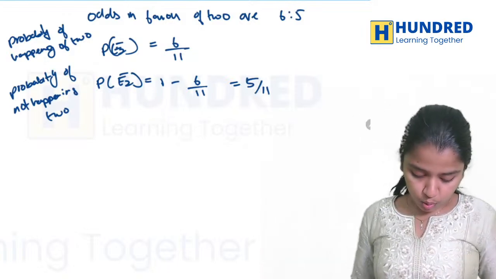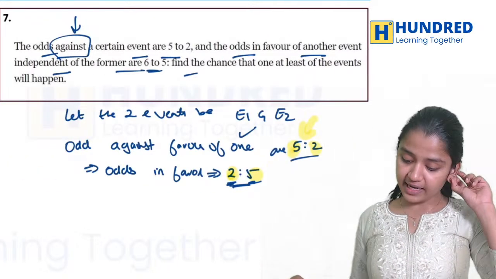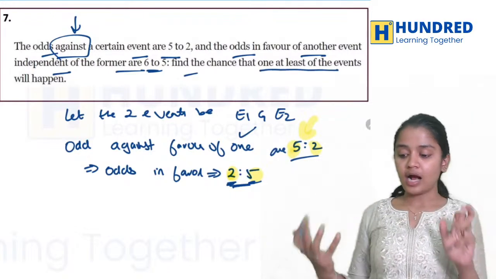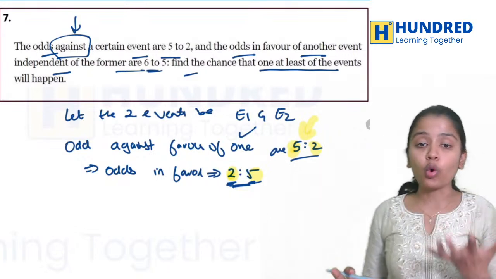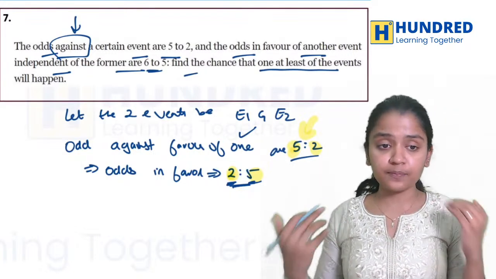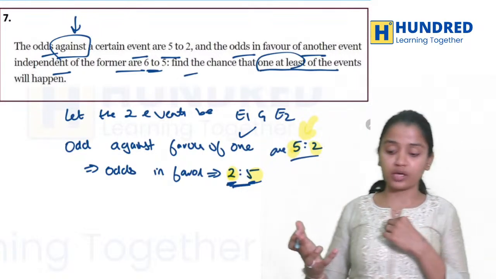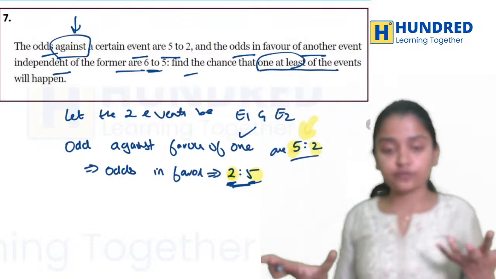Okay? Now what they have asked for is the desired probability. We need at least one of the 2. So the probability that at least one event happens is what they are asking. At least one of 2 events, okay?